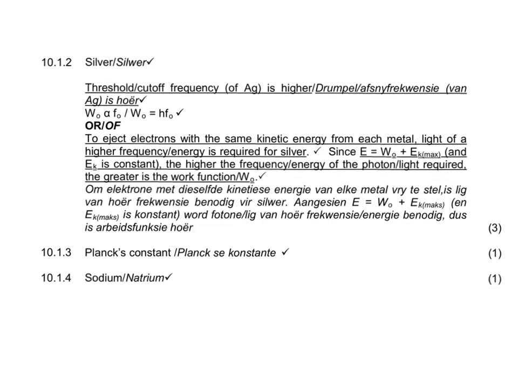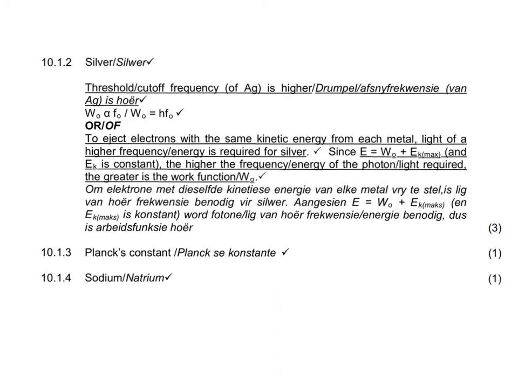Now recall we said that the silver has a higher work function. So one could answer this by saying that the threshold or the cutoff frequency of silver is higher, which we did. And because the work function is directly proportional to the threshold frequency, or the work function is equal to h times the threshold frequency, it's going to have a higher work function. But it's really important that one puts it down formally on paper in such a way that you will receive the 3 marks.